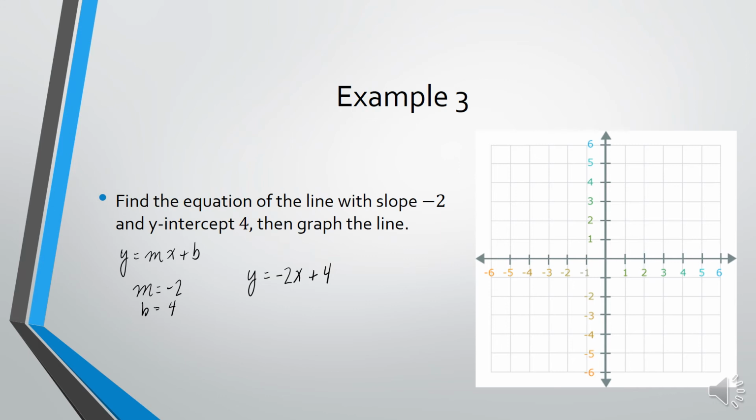To graph this, we'll start at 4. So we'll start at my y-intercept and use my slope. My slope was -2, but we really want to read this as rise over run. So that's -2 over 1. Which means if I'm going to find another point, I'll go down 2 and over 1. Connect these two, and there's the graph of my line.